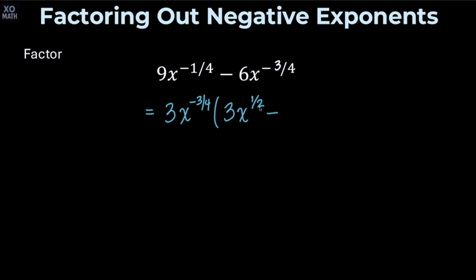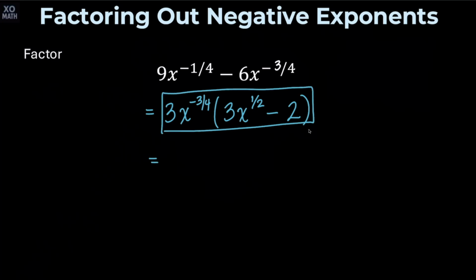And then minus 2. So 6 divided by 3 is 2, and it was subtraction, and we took out x to the negative 3/4, so this is what we have left. So this is us factoring, and let's rewrite it with all positive exponents. So we have 3 times the quantity 3x to the 1/2 minus 2 all over x to the 3/4.